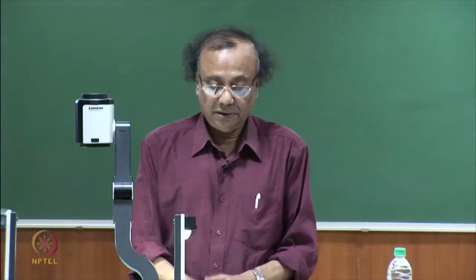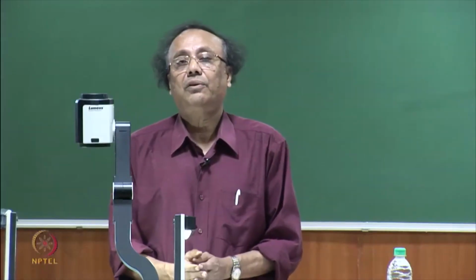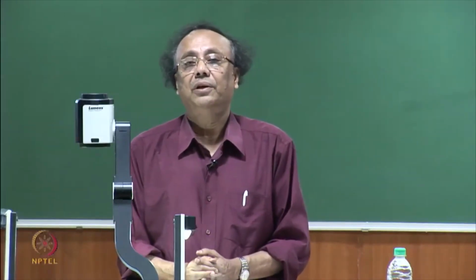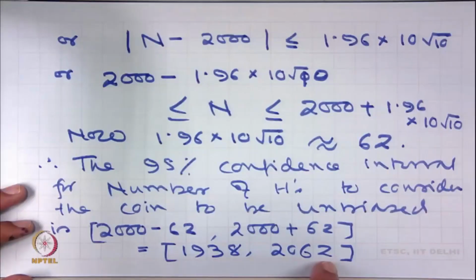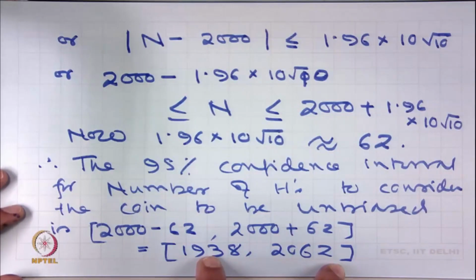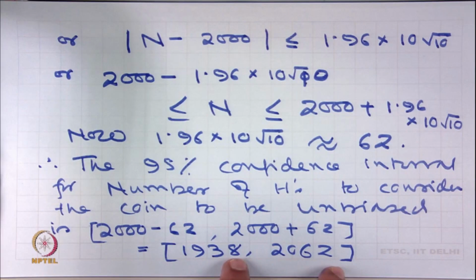In other words, if we toss the coin 4000 times and the number of heads obtained is in this range between these two values, then we are 95% confident that this coin is unbiased.